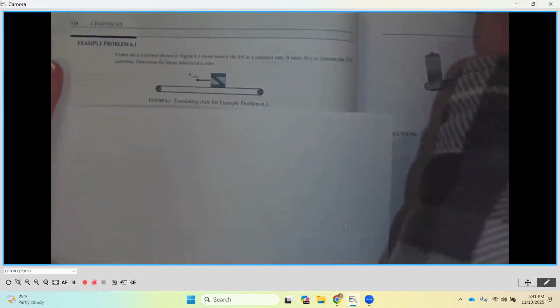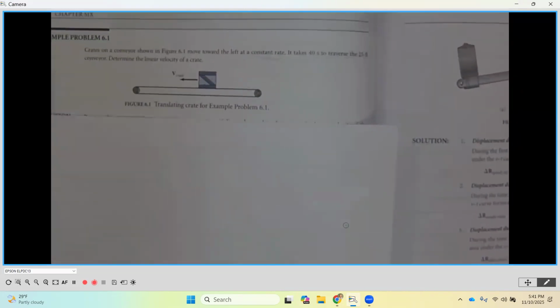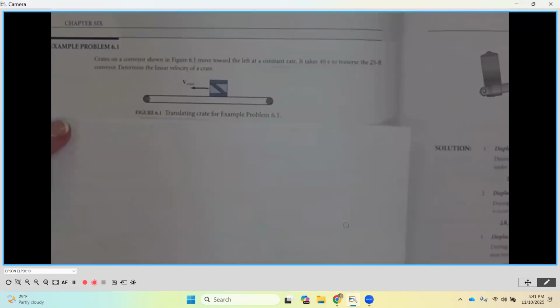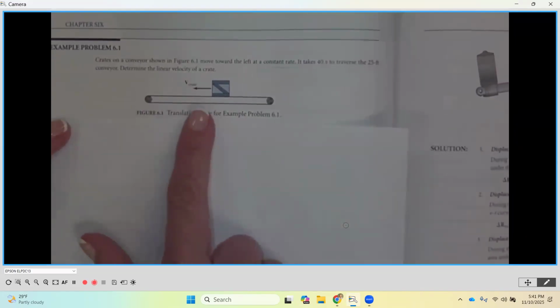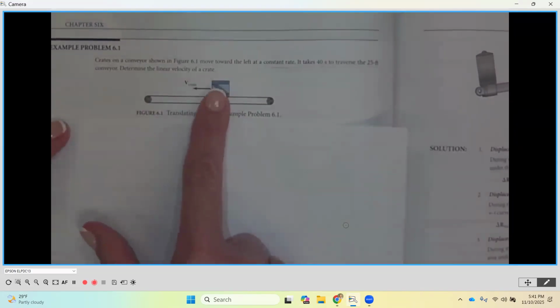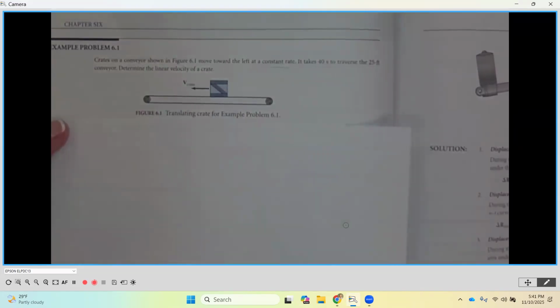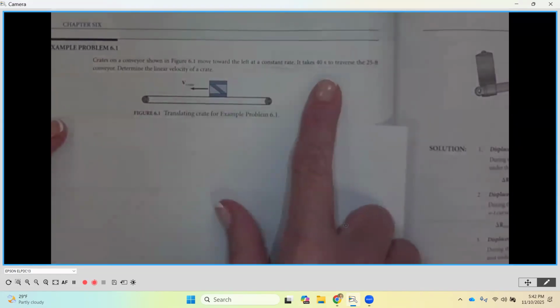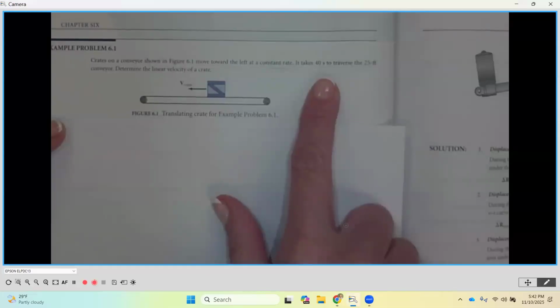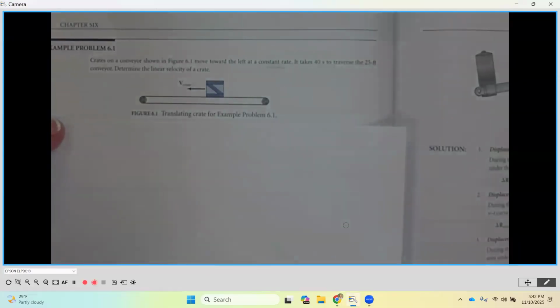Up at the top of the page here, it says crates on a conveyor shown. So here's the conveyor right here, and here's the crate. They move towards the left at a constant rate. As you know in physics, that just means that it's moving constantly. It's not accelerating, it's not decelerating, it's just moving along. It's moving at a rate that takes 40 seconds for that crate to traverse or cover 25 feet on that conveyor.